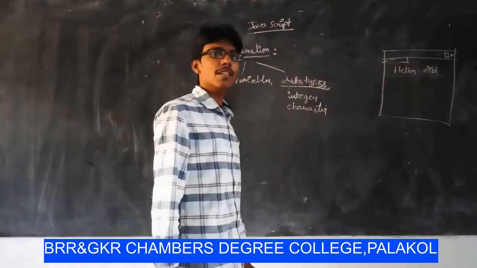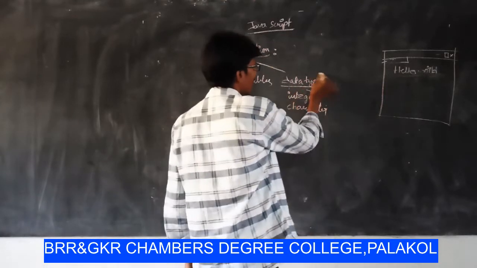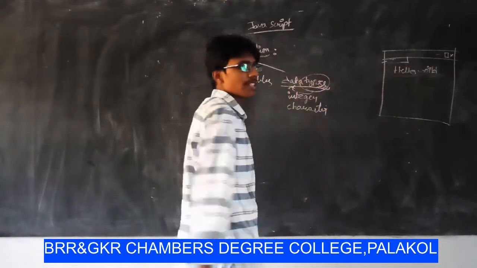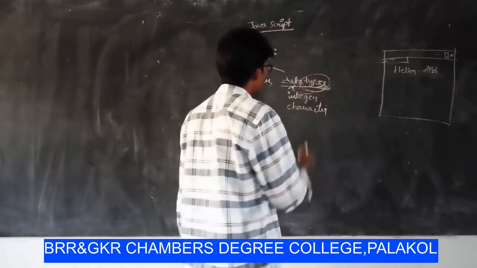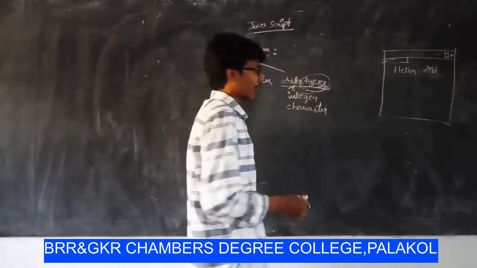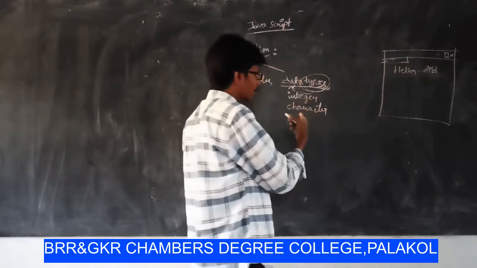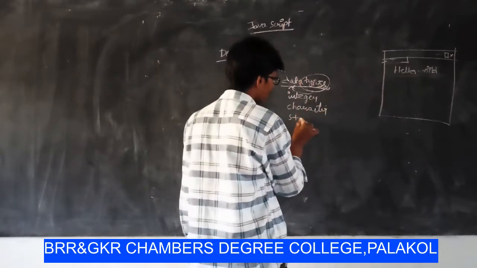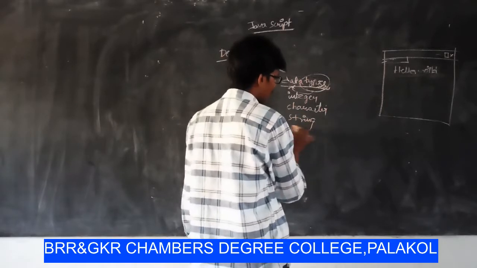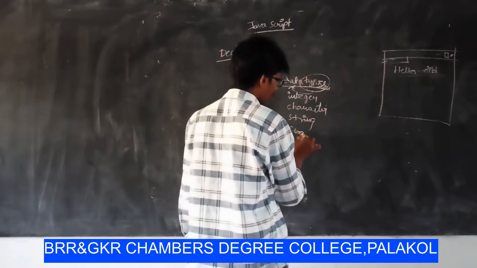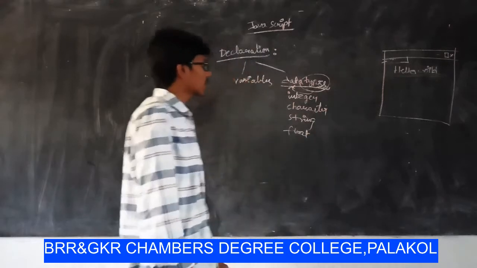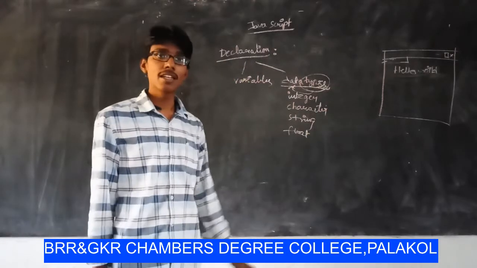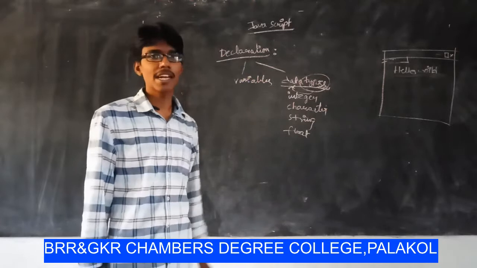Data type is nothing but what type of data is required to implement the programming. These are called data types. Data types are some integers, characters, string type, floating type. These are different types available in every programming concept.